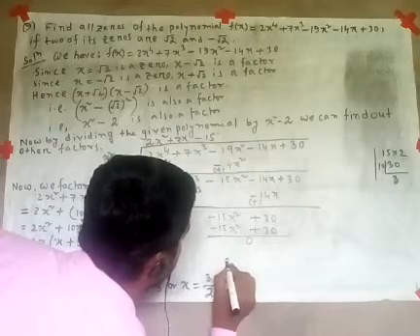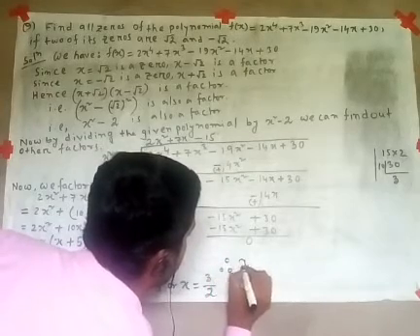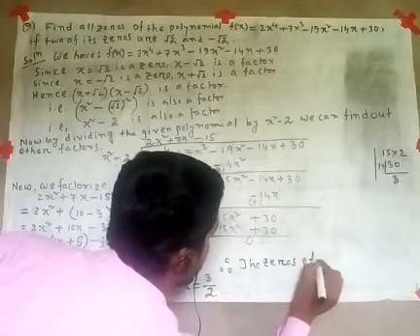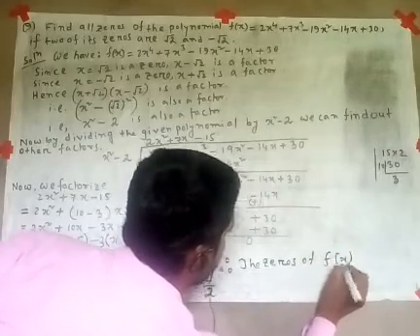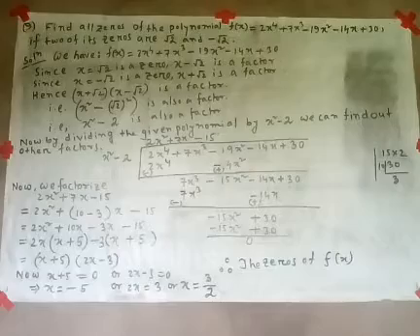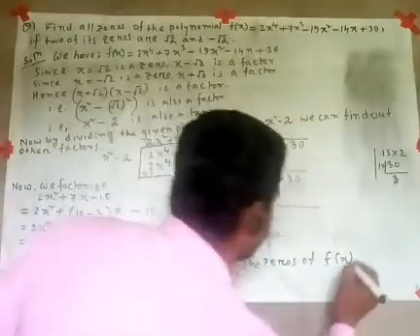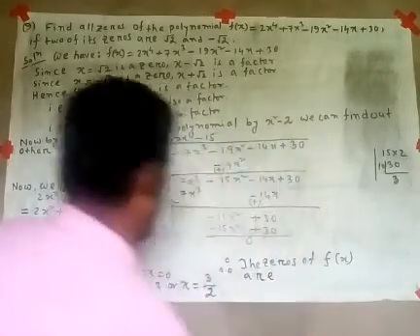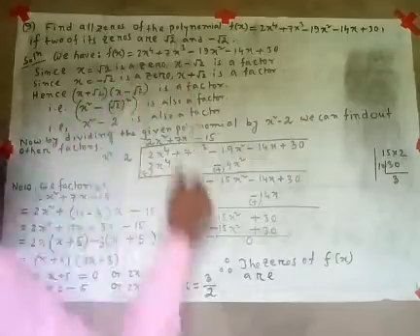Therefore the zeros of f(x) are, write down, what is the first value? Root 2.